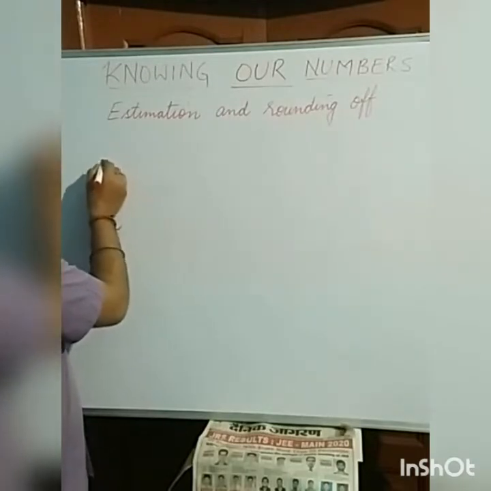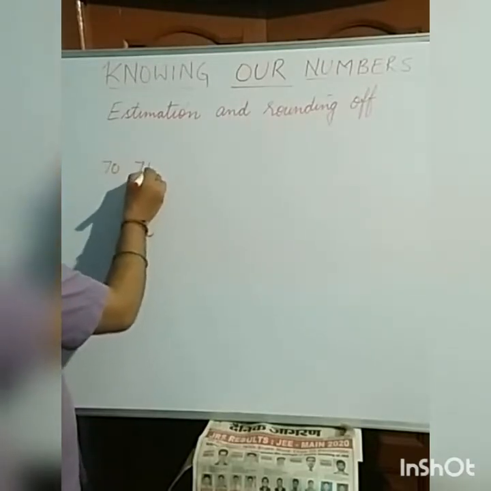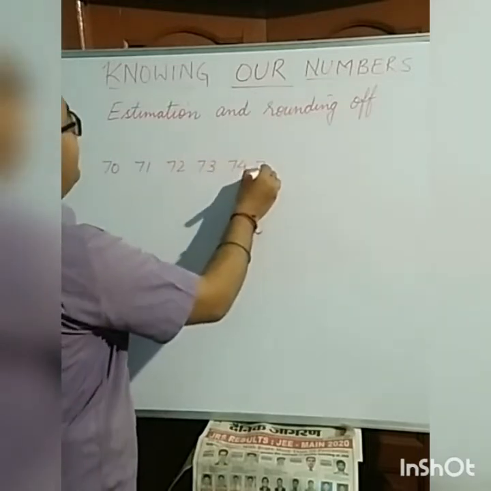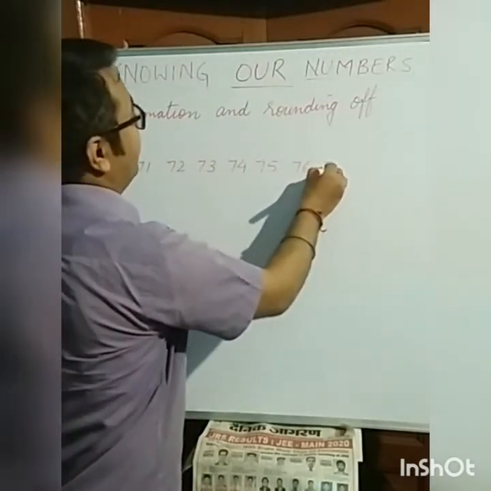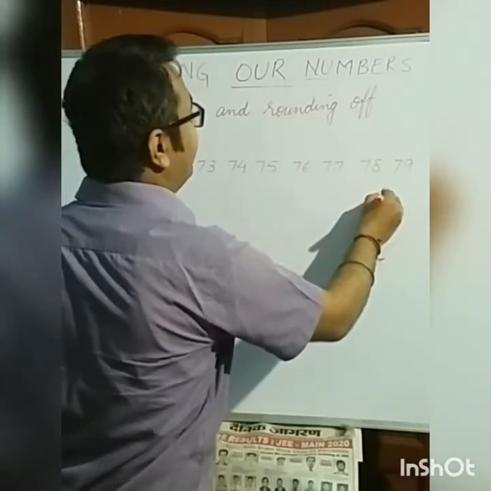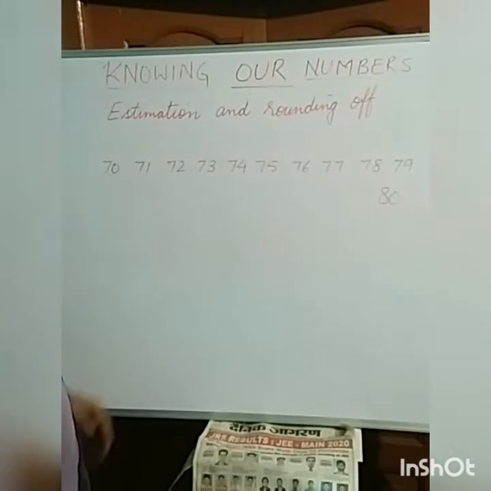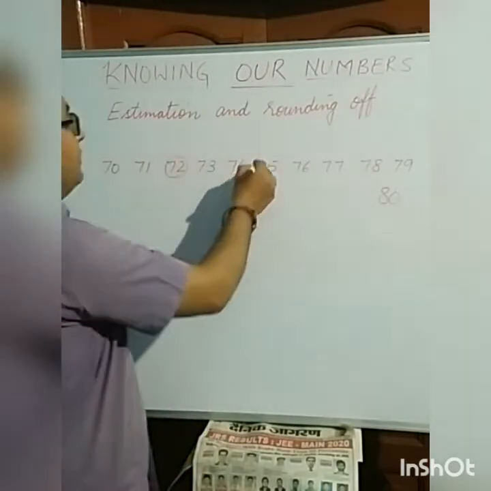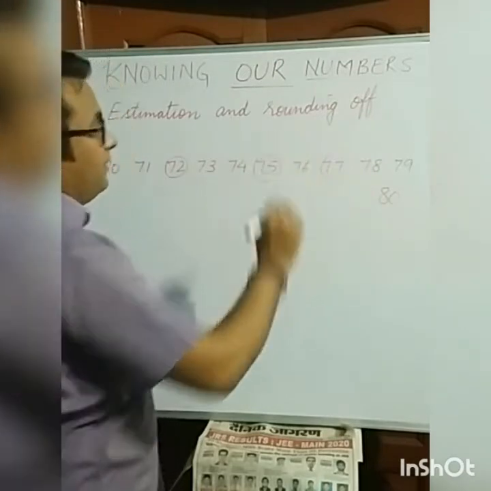Suppose I write some numbers like 70, 71, 72, 73, 74, 75, 76, 77, 78, 79 and 80. And I want to round off 72, 75 and 77.